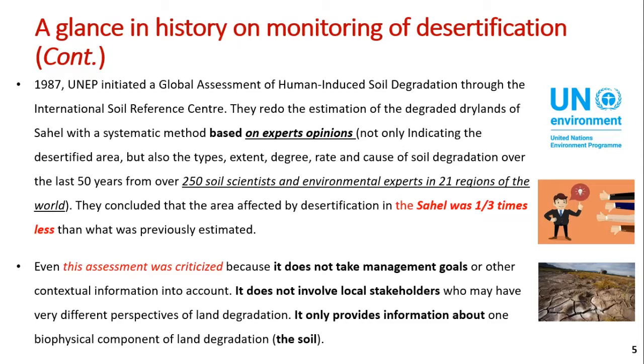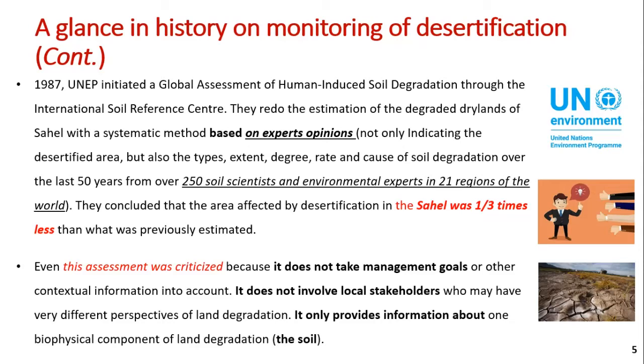If you go back to the definition of desertification, you will find at the end of the day that when you talk about human causes, it has to consider the 3 sustainability pillars: the socio-economic, the political, and the environmental factors. So this assessment by the experts was criticized because it did not take into consideration all the 3 aspects that are in the definition.